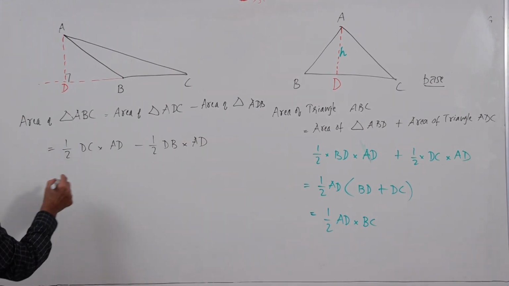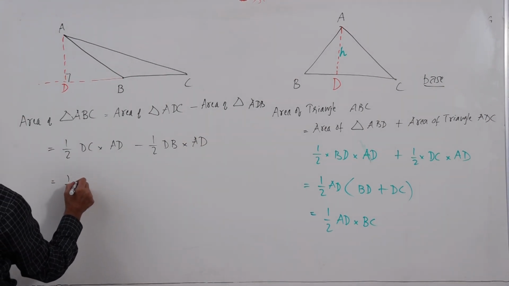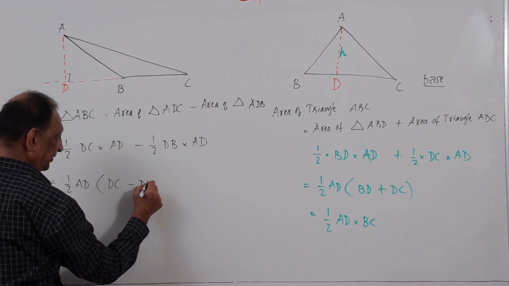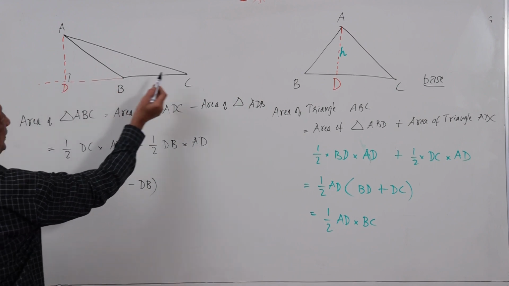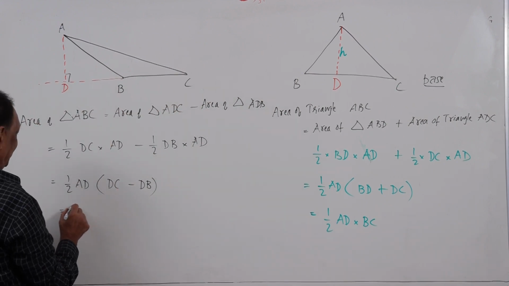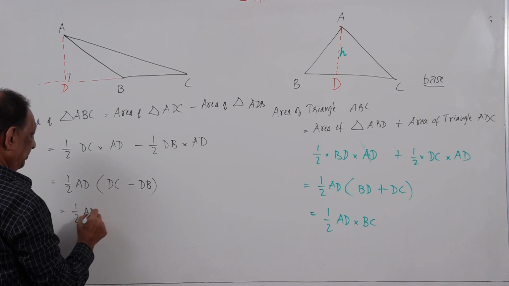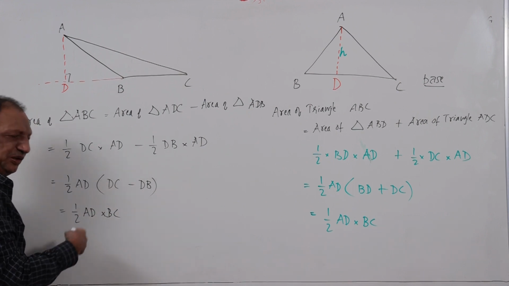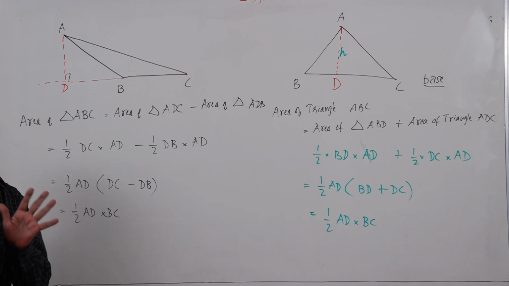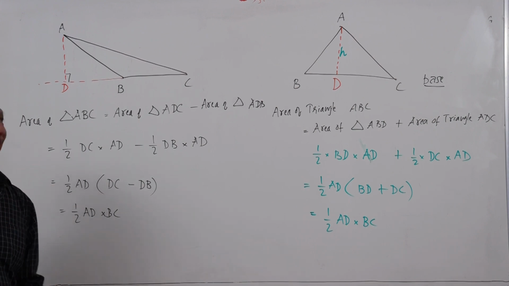Again we take the same common factor, half AD multiplied by DC minus DB. What is DC minus DB will be BC. So it is half AD multiplied by BC, or BC multiplied by AD. So half into base into height. In this case also that statement is true.